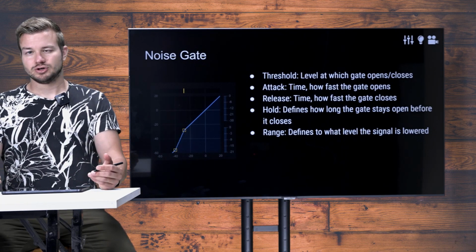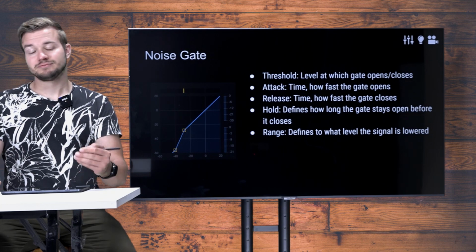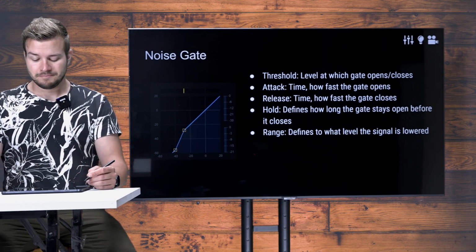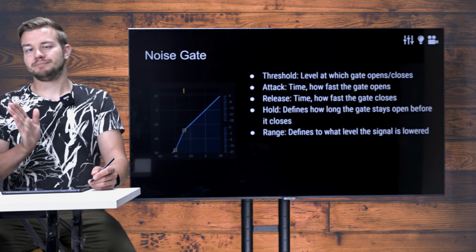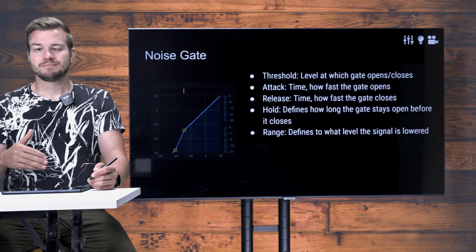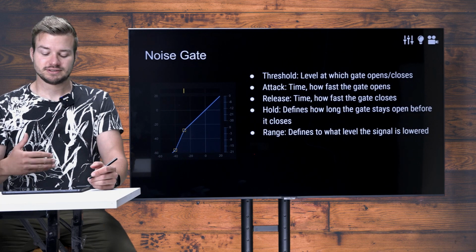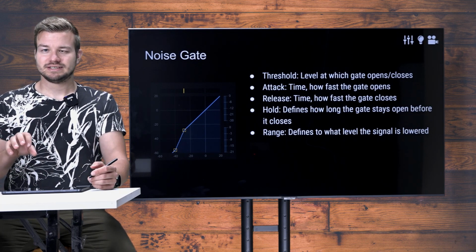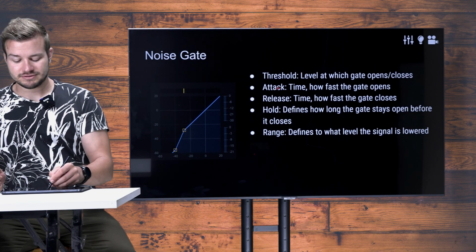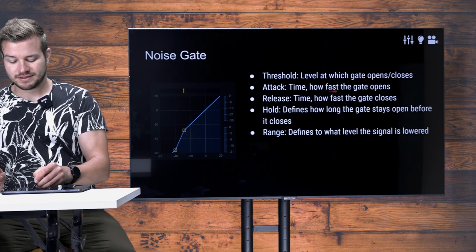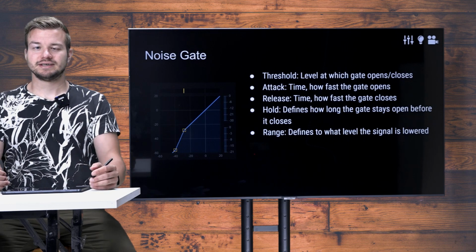If there is no sound at all, the gate is closed because we're always below the threshold. The attack means how long it takes, when the signal surpasses the threshold, until the gate opens. We always have to see this from the perspective of a closed gate. How long does it take until it opens? So attack time is how long it takes until the gate opens and the signal can pass.